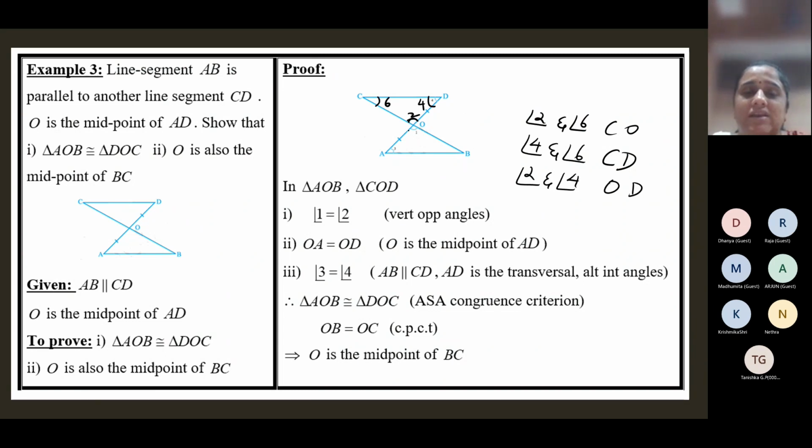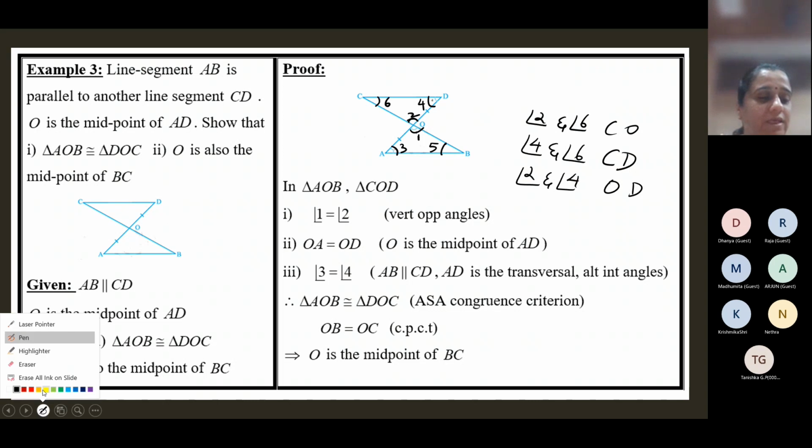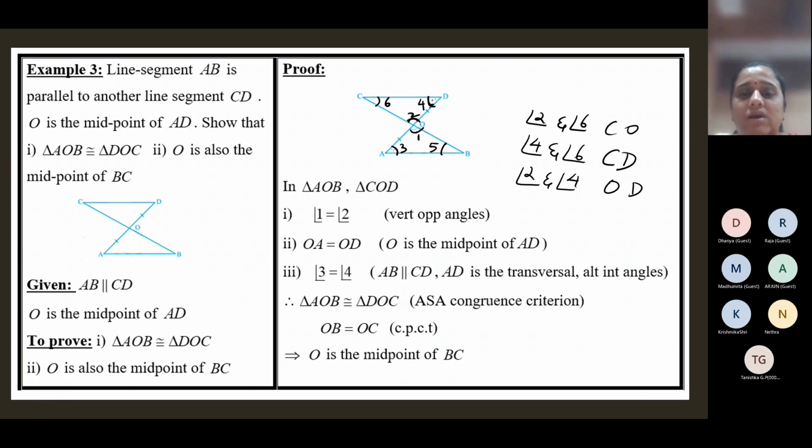Now coming to this triangle, Raja. Angle 1, this is angle 3, and let me call this angle 5. Now you tell me the question as well as the answer, like you say for angle 2 and angle 4, OD is the included side. So like that, you tell me for this triangle OAB.